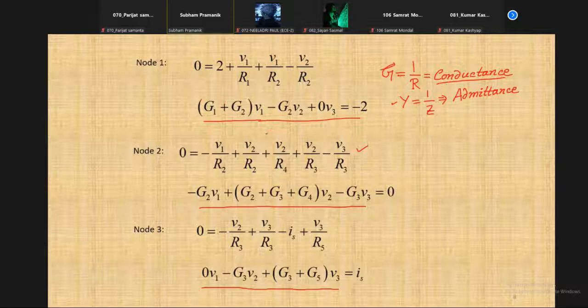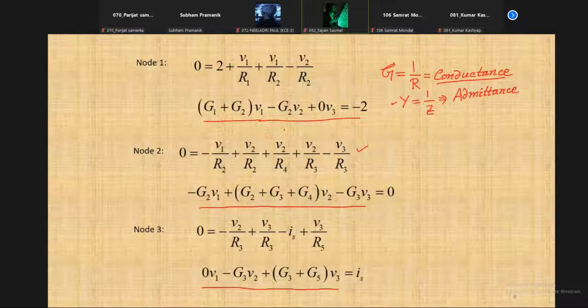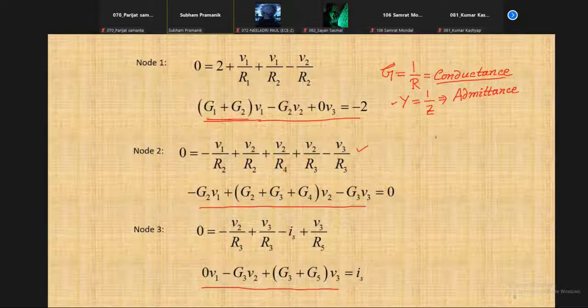There we found self-impedance. What is self-impedance? The sum of impedances obtained from a complete round, right? Similarly here, the sum of the admittances which are connected to a particular node, that is the self-admittance term.